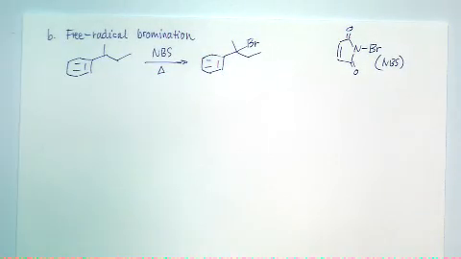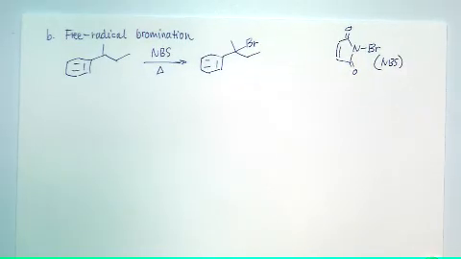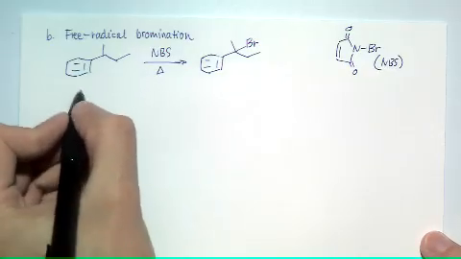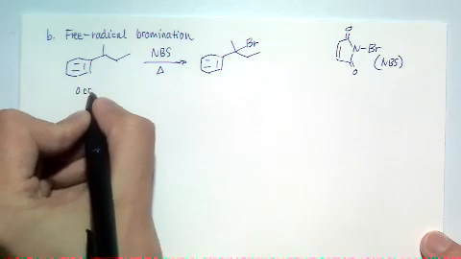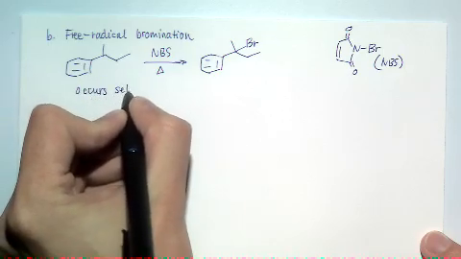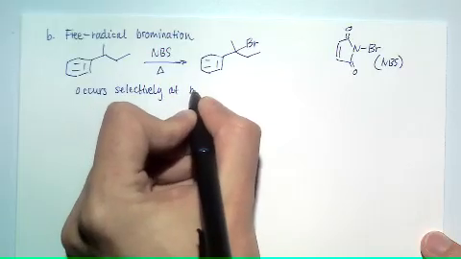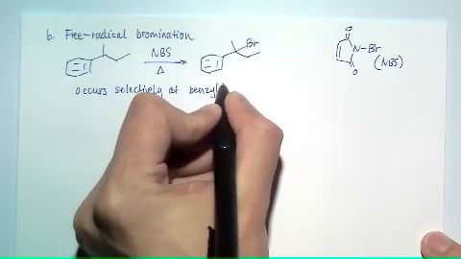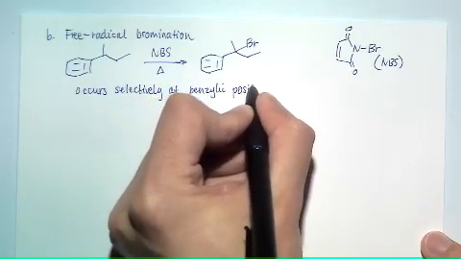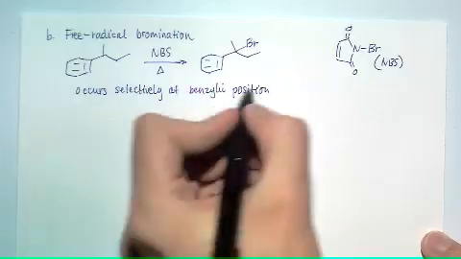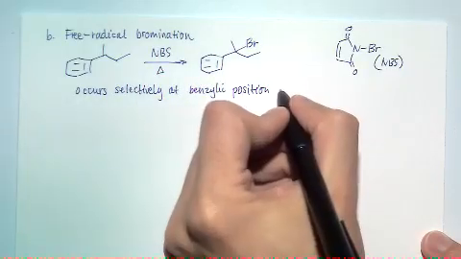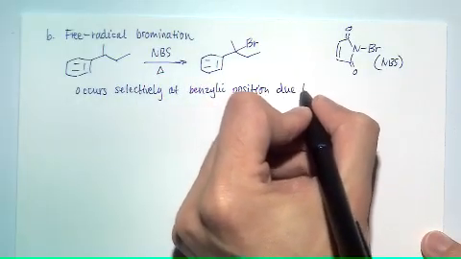And maybe previously you've seen free radical bromination happening at all sorts of different places. It's kind of a hard reaction to control, but fortunately in this case, if you've got a benzylic carbon, you can get this to work and be pretty selective.